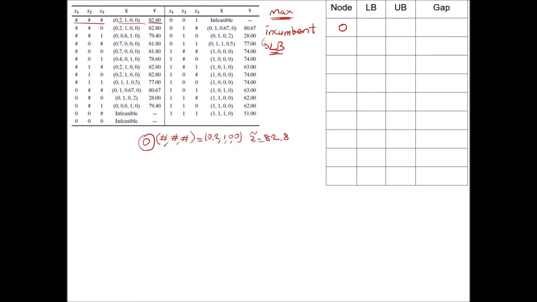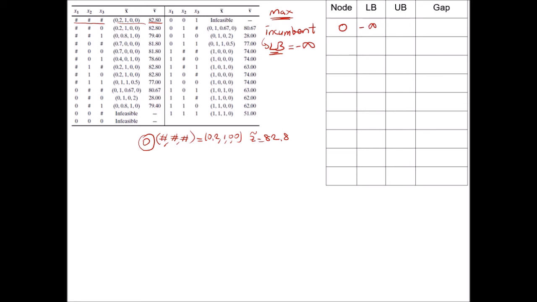The best integer solution that you find during the algorithm will provide you the lower bound for that problem. And currently, at the beginning of the algorithm, since we don't know any, its value is the worst possible. And for a maximization, the worst possible thing is minus infinity, negative infinity. So I'm going to record this lower bound as minus infinity here.